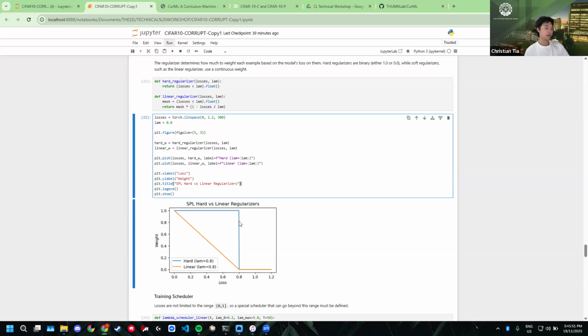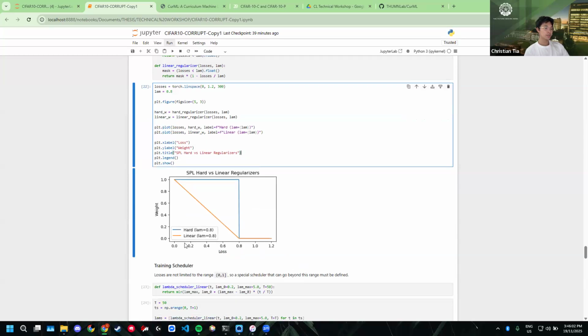And all of those that are greater than that threshold of lambda would have a weight of 0. That's why it's called a hard regularizer. On the other hand, there are also soft regularizers, such as this linear one, which would consider only the easiest examples to be a full weight, while the in-between ones have gradually lowering weights.